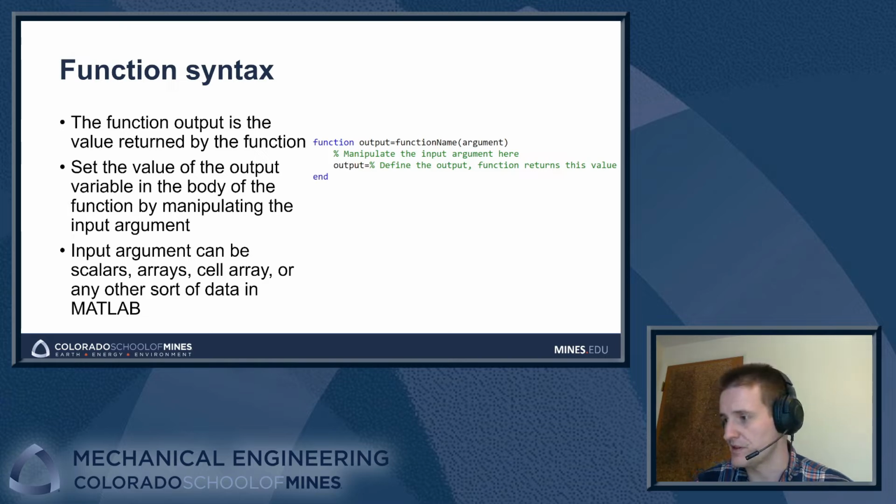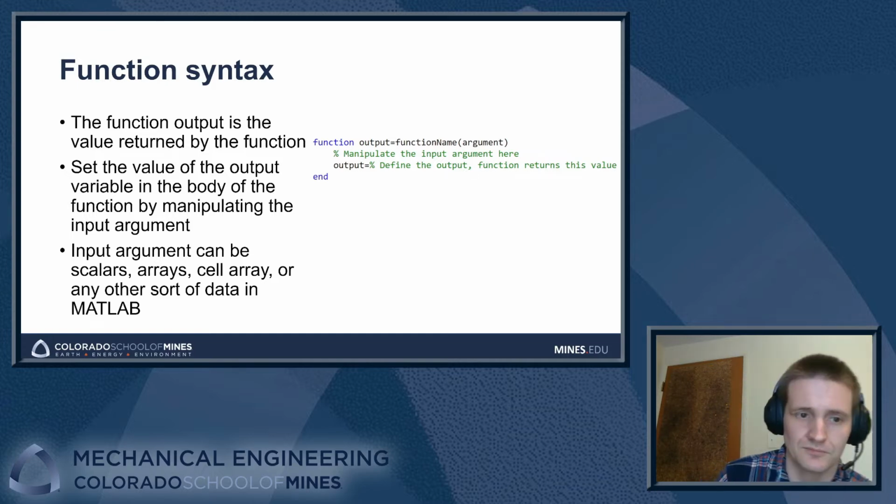We can manipulate that however we would want to, just like if we were writing a script file, but then we have to define this output variable. Say output equals somewhere inside of the function, and then whatever value is stored in output when the function gets down to the end keyword gets returned by the function when we call it in MATLAB.